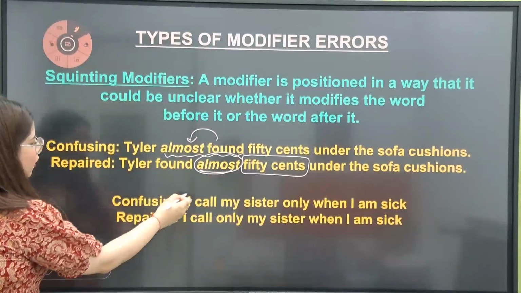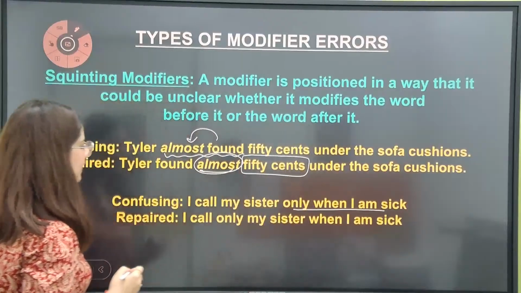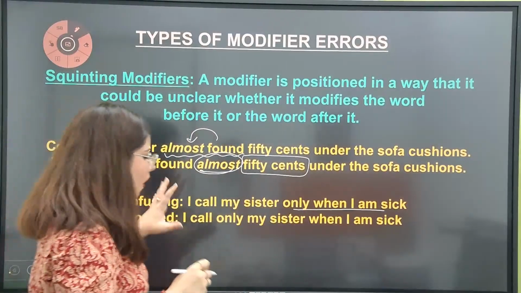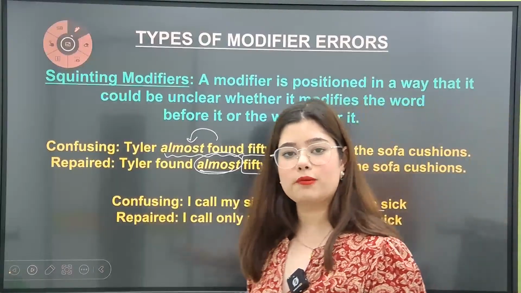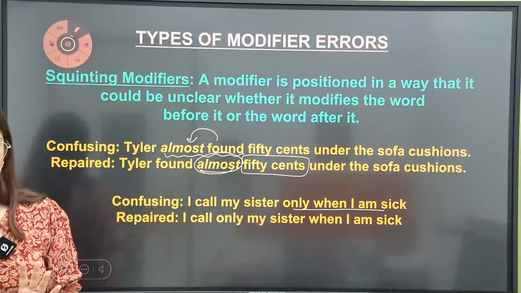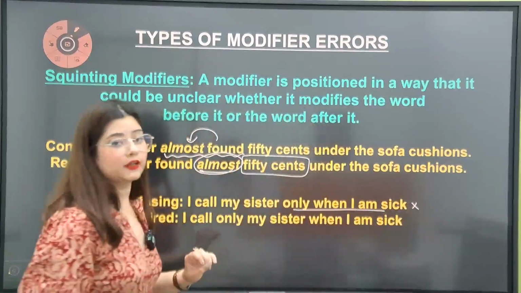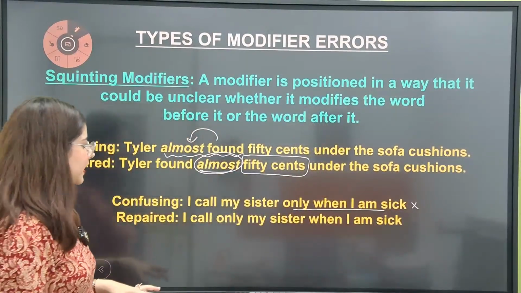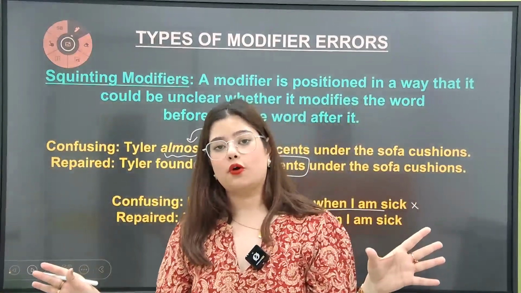Similarly, I call my sister only when I am sick. This gives off an impression that I'm a very selfish person. I do not call my sister otherwise, and I only call her when I'm sick, right? That is not what we are trying to say. We are trying to say that when I am sick, I do not like to talk to anyone else.